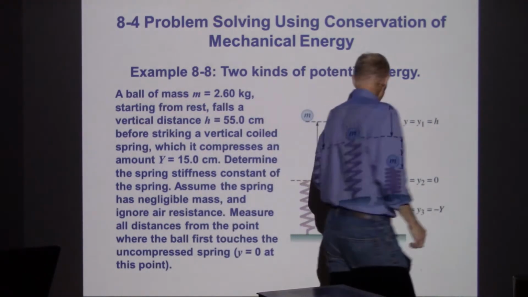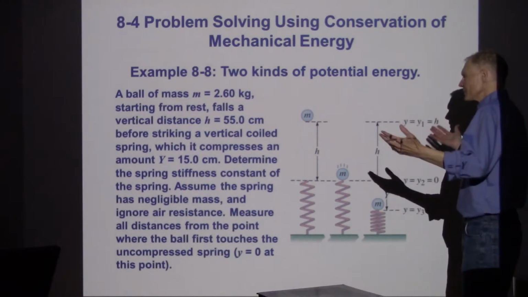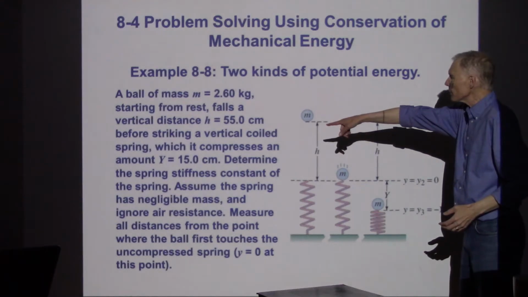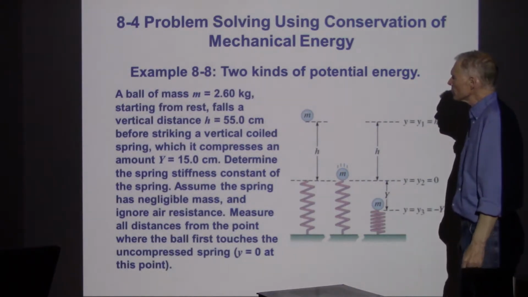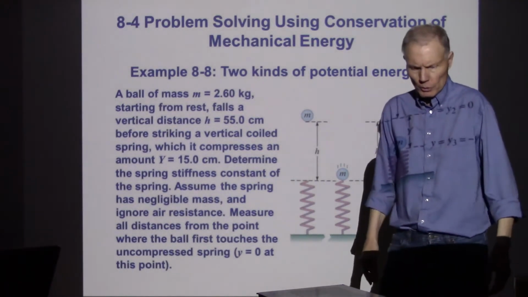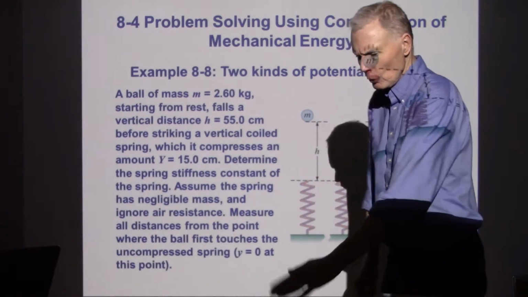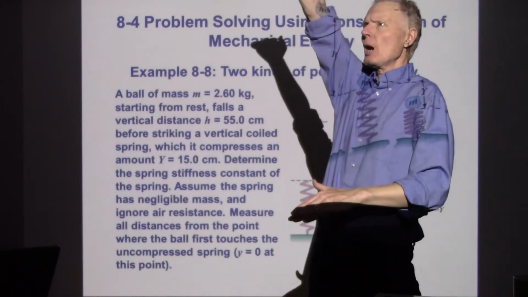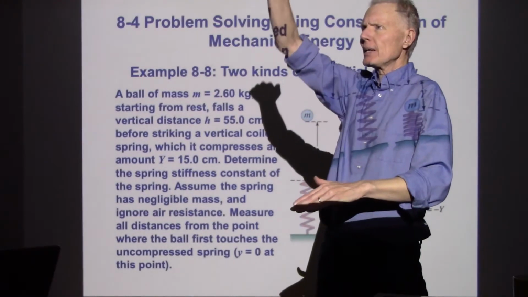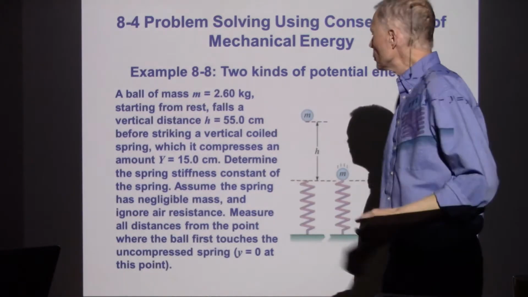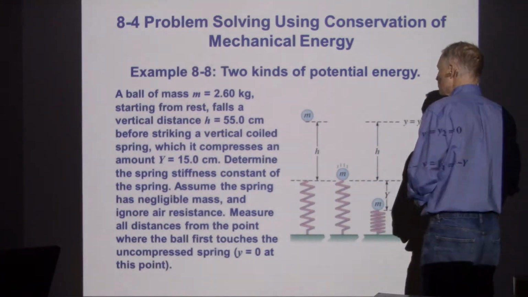From the picture, I don't know what these distances are. Oh, maybe we do. It compressed 15 centimeters. So it dropped, oh yeah, we've got all the numbers here. We're going to drop it from here, and it hits and compresses the spring about 15 centimeters. That's a fair amount of compression.